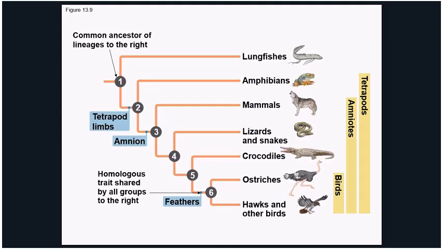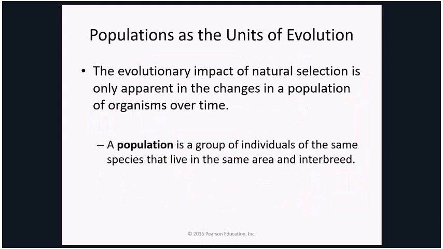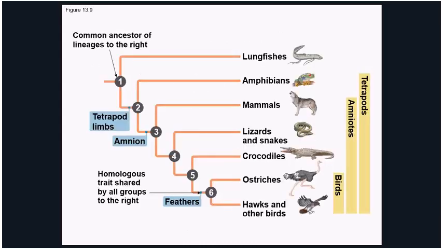If you go back to that number one spot on the tree, there will be some kind of common ancestor there. So on this tree, for example, ostriches and fox and other birds would have the most recent common ancestor, and that ancestor would have feathers as the similarity.